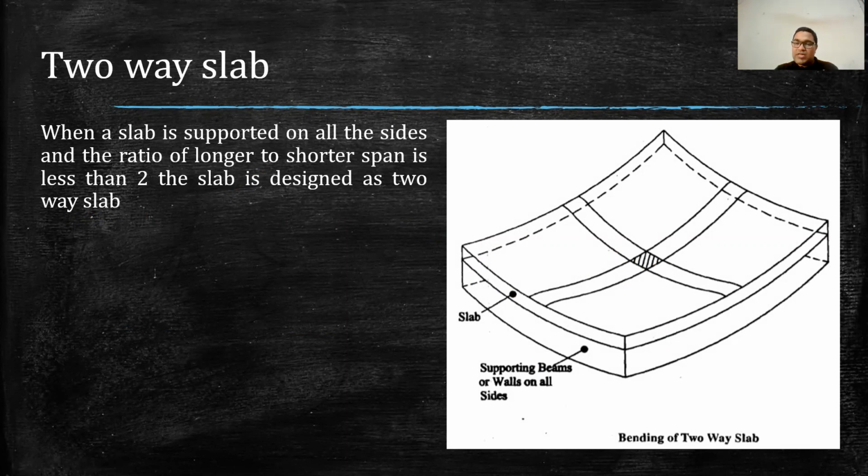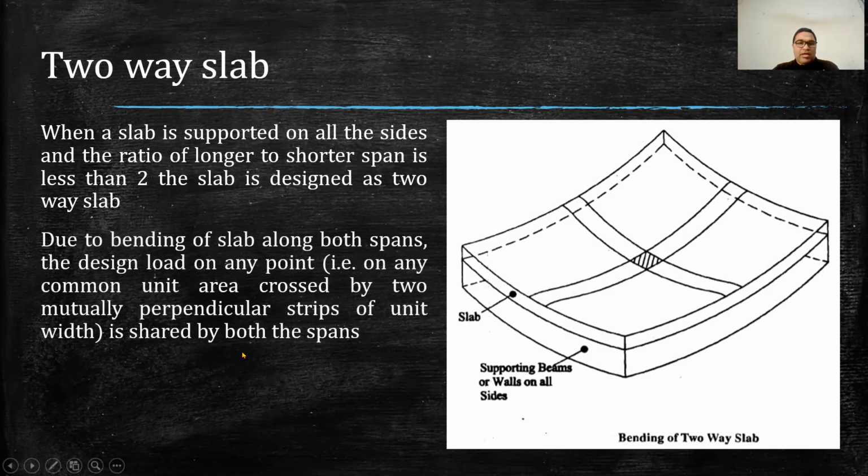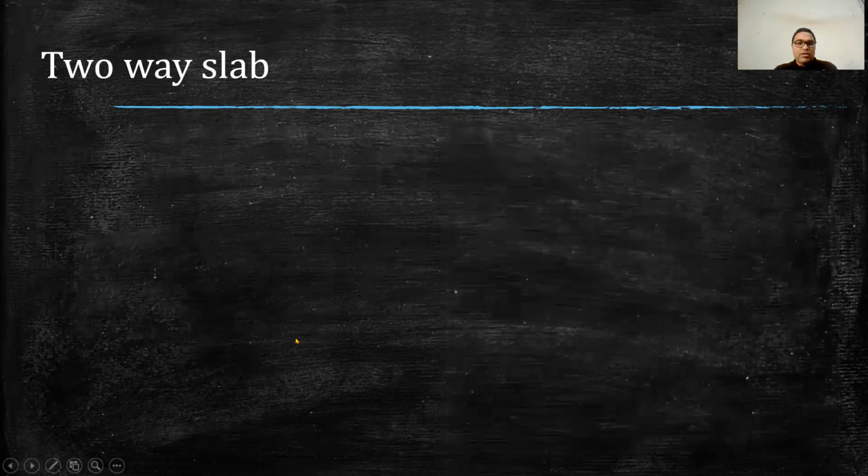In a two-way slab, bending occurs along both the spans, whether shorter span or longer span. And because bending is occurring along both spans, the load is shared by both the spans. This is what I have discussed in the previous lecture also.